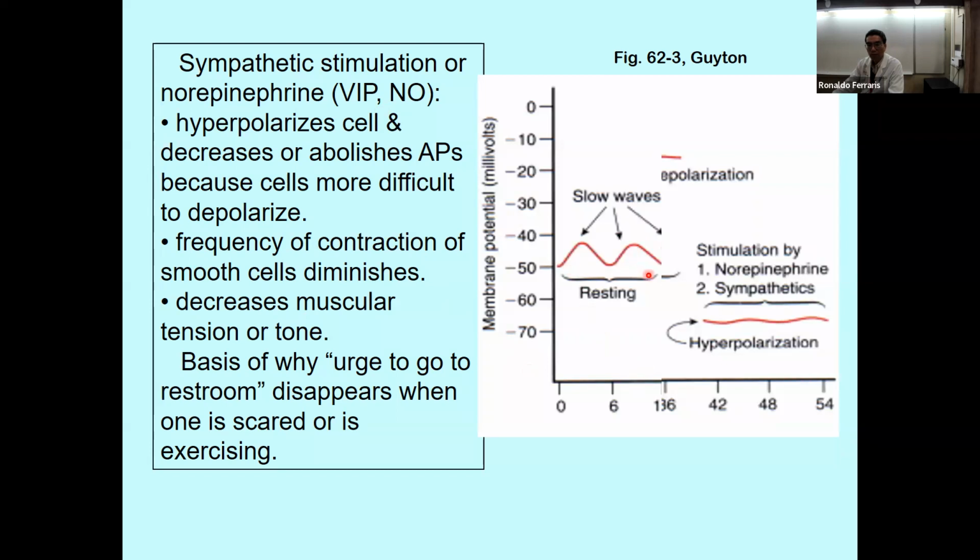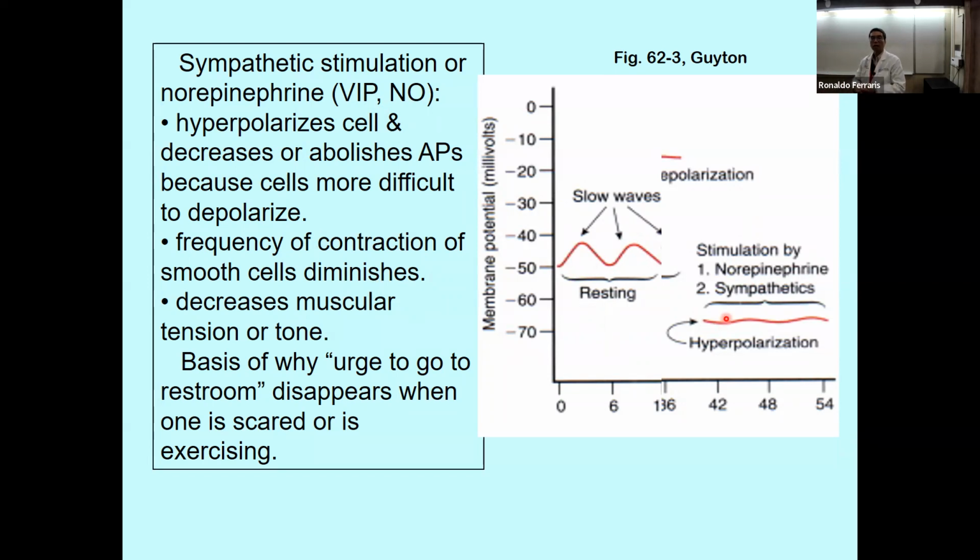VIP hyperpolarizes the membrane potential. So you have slow waves, and therefore the ability of those smooth muscle cells exposed to norepinephrine or VIP or nitric oxide to contract diminishes, because you're moving the goalposts away, right?